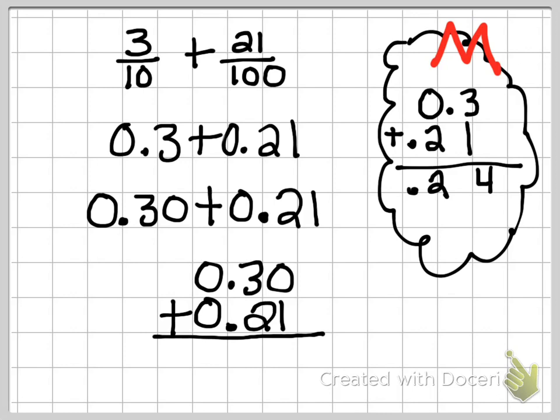Oh, sometimes you need to make sure you're doing your work as meticulously as possible. So I'm lining that up nicer than I had before. There we go, and our plus sign. So now our place values are in the right spot.